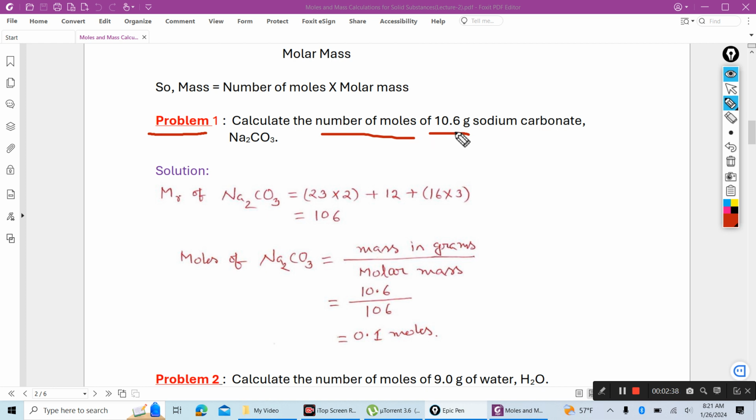This is sodium carbonate. 10.6 gram is given, so we will apply the solid formula, because solid substance is measured in gram, kg or ton.